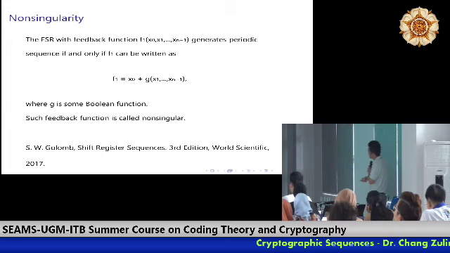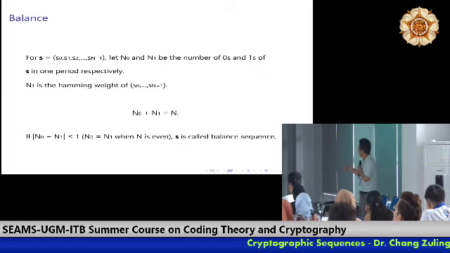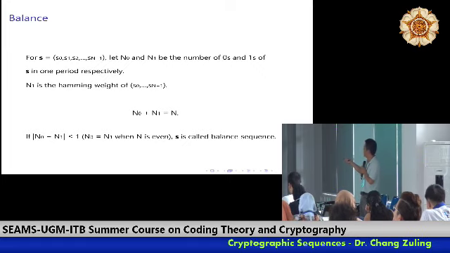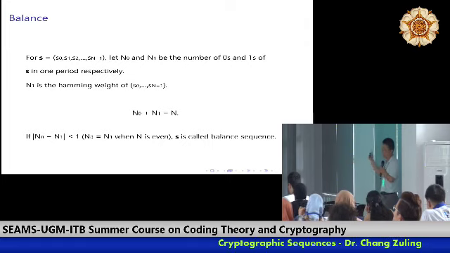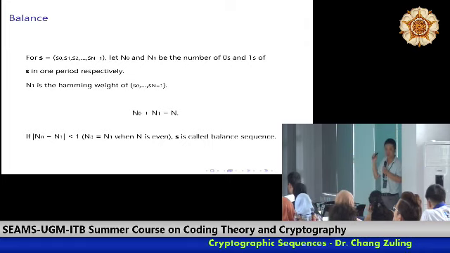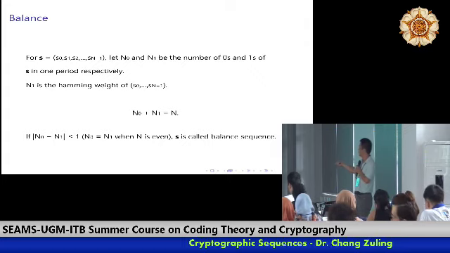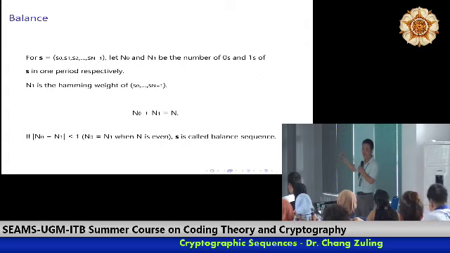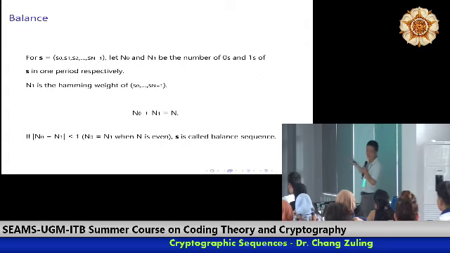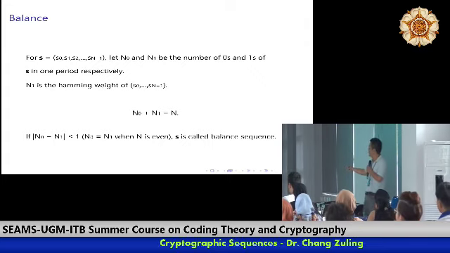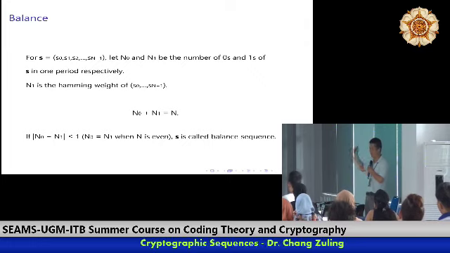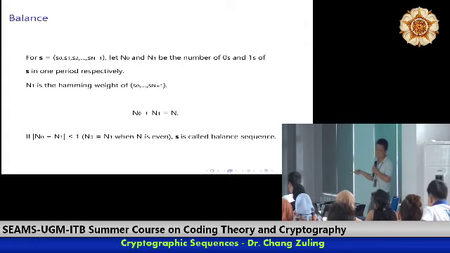Now consider the balance. Define n0 and n1 as the number of zeros and ones in the sequence in one period, so n0 plus n1 equals n. n1 is the Hamming weight. We define the sequence as balanced if the absolute value of n0 minus n1 is less than or equal to 1.